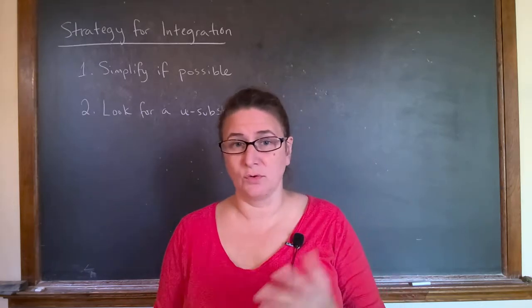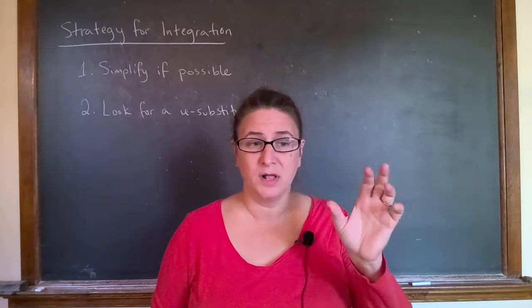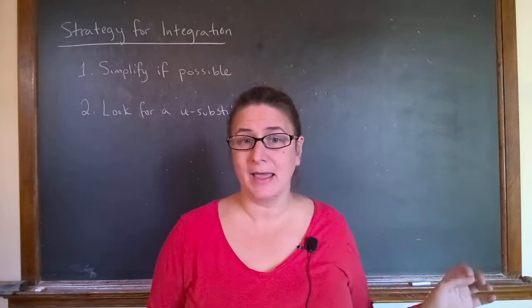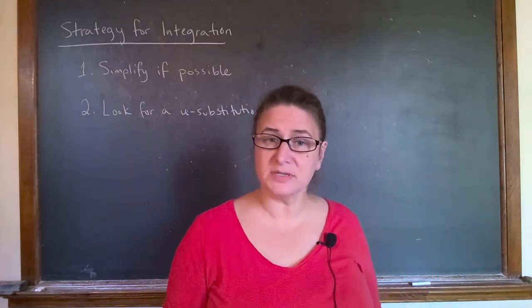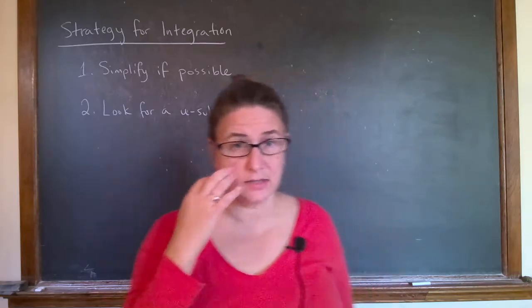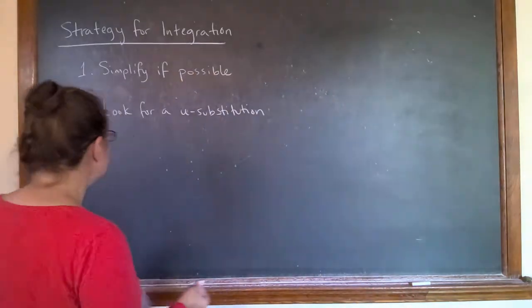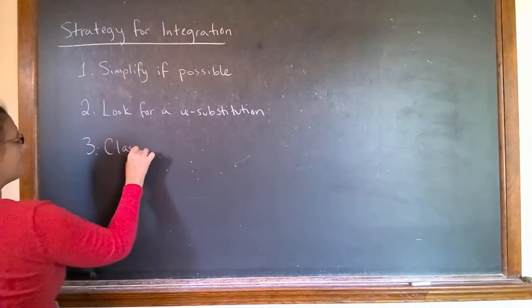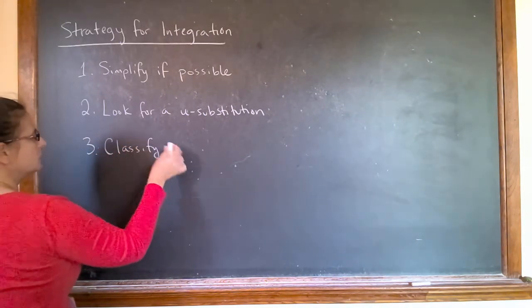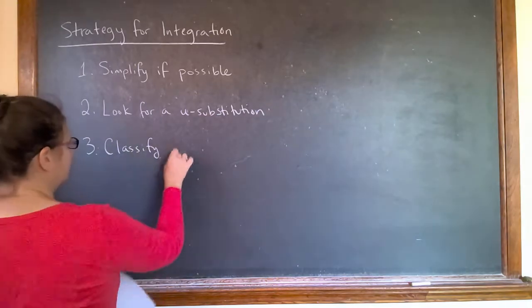So you're looking for that pair of a function in there and its derivative. If you don't see that, or if you can't get that to work, the next thing to do is classify your integral according to type.